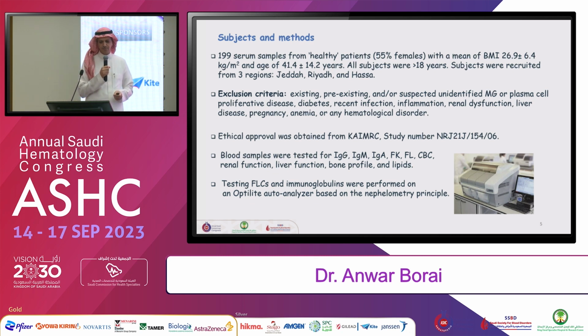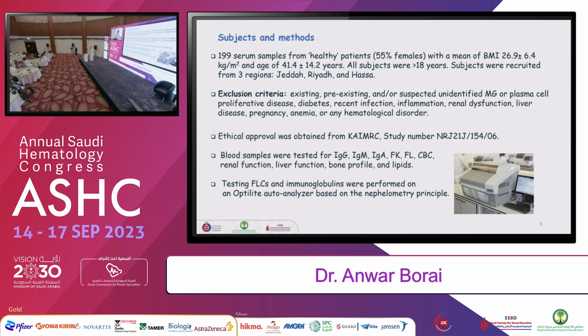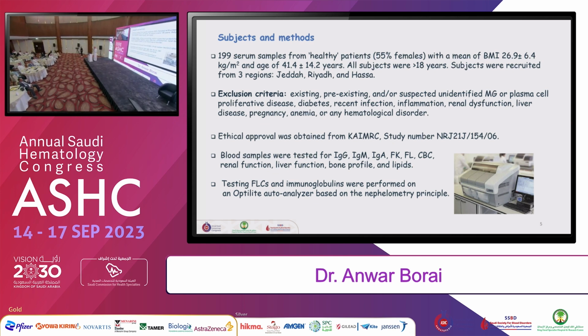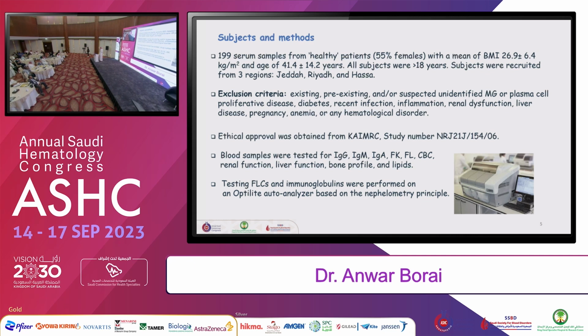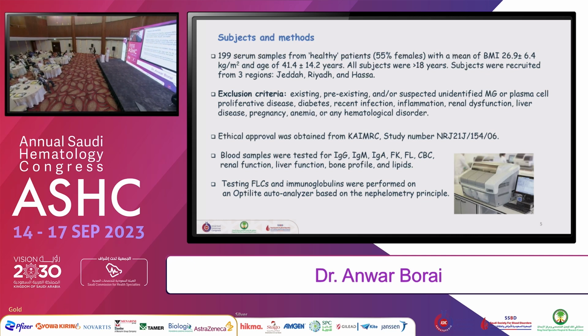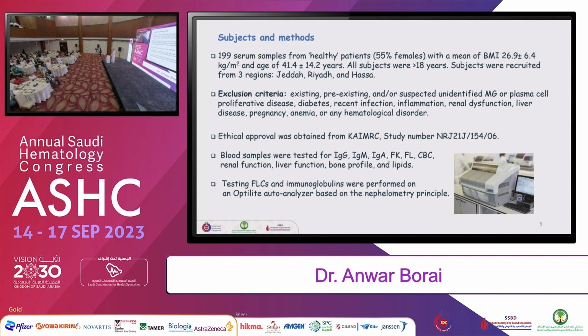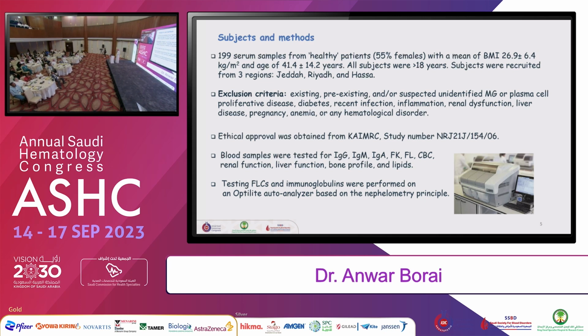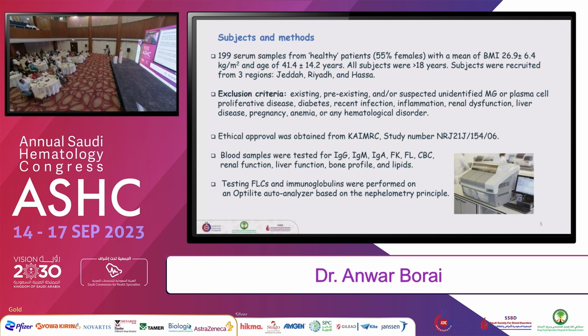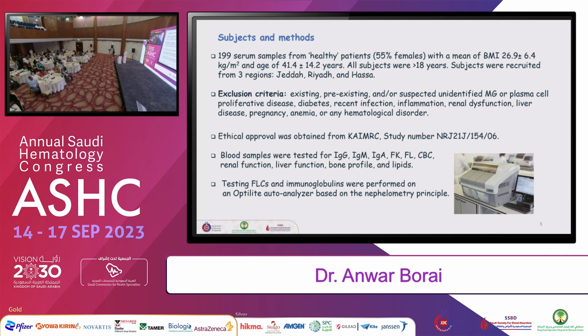Ethical approval was obtained from King Abdullah International Medical Research Center. We collected blood samples from all subjects to test immunoglobulins, free light chains, CBC, renal functions, liver functions, bone profile, and lipids. Testing for free light chains and immunoglobulins was performed using Optilite auto analyzers based on the nephelometry principle.